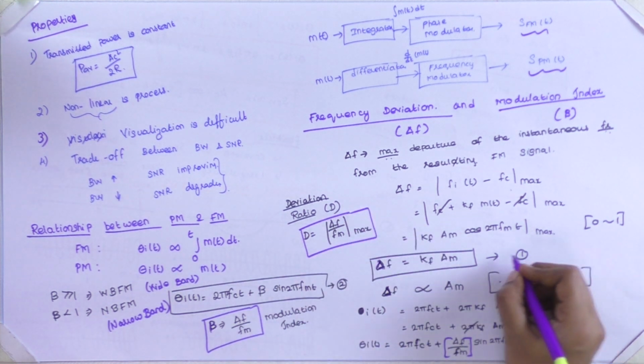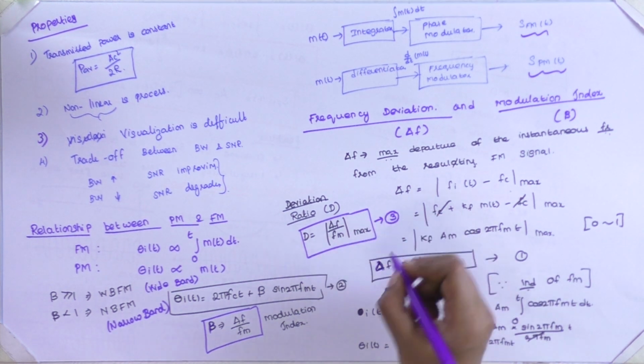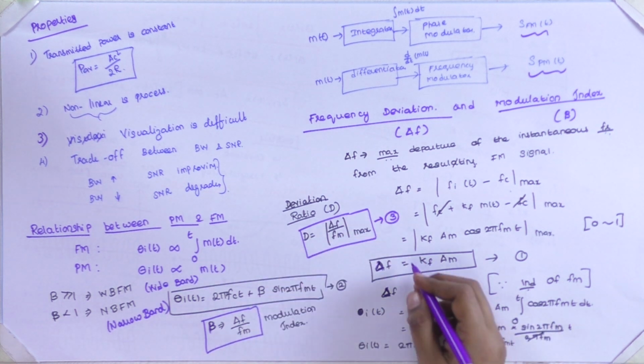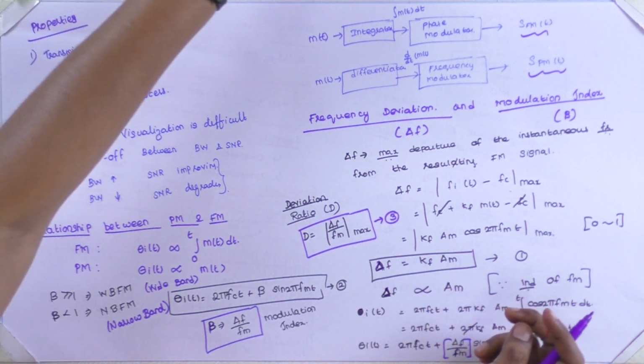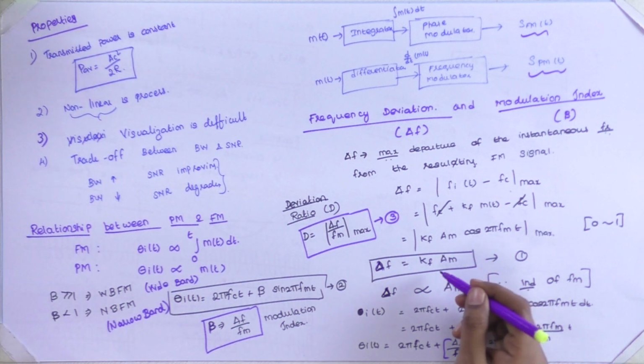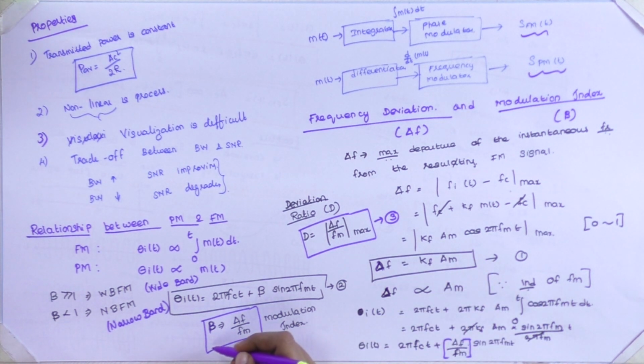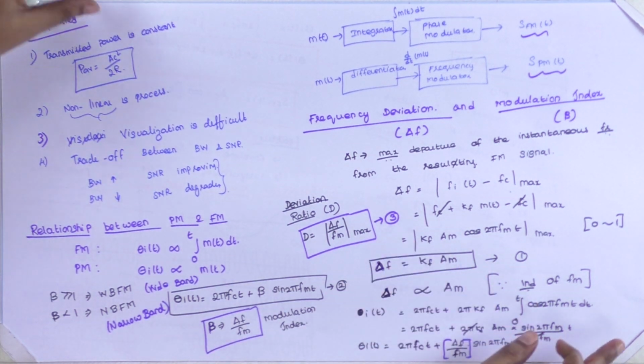These three are very important parameters in frequency modulation: the frequency deviation, the modulation index, and the deviation ratio.